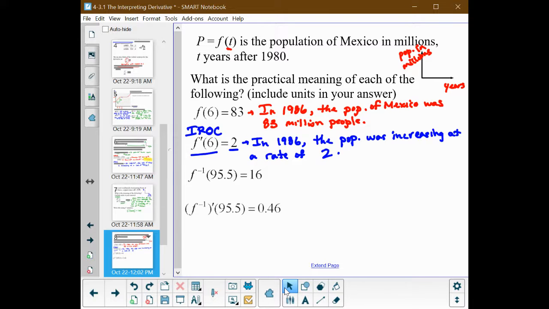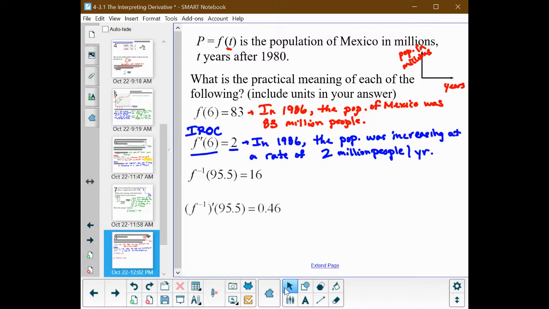So increasing at a rate of 2 million people per year. So again, we've said in 1986 specifically, so we're looking at that instantaneous point, and then we're telling the rate, which is 2 million people per year. In this case, we're increasing.